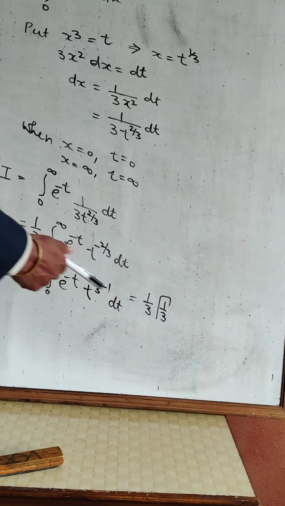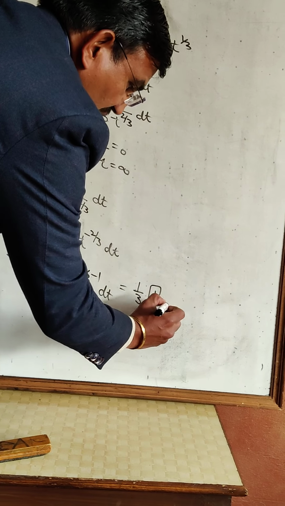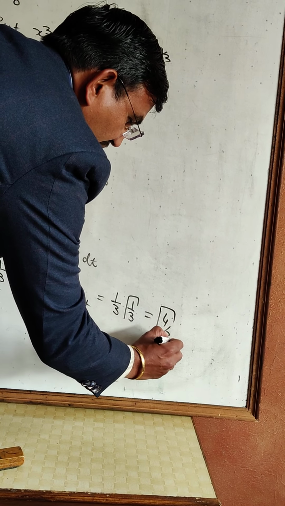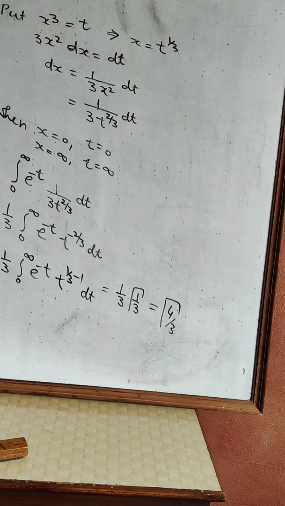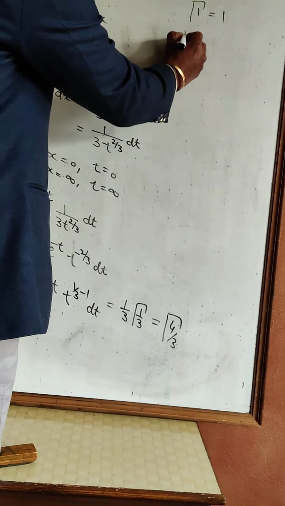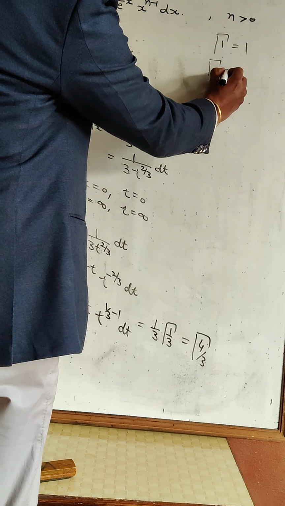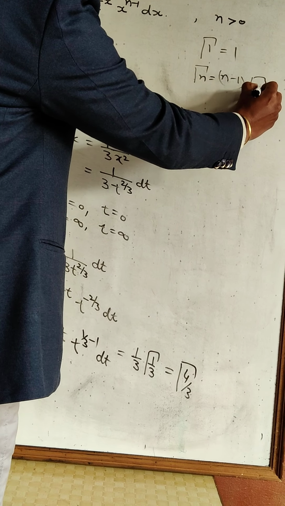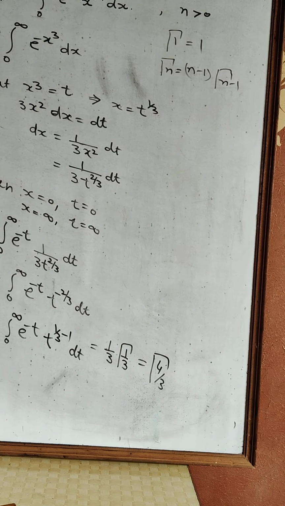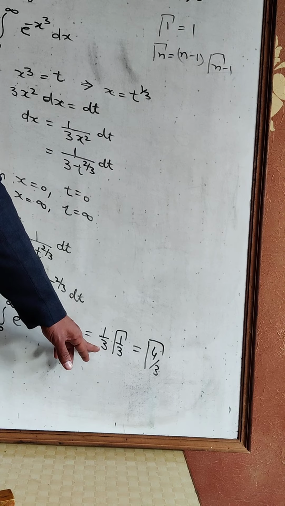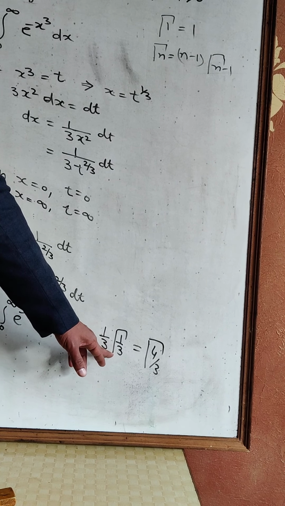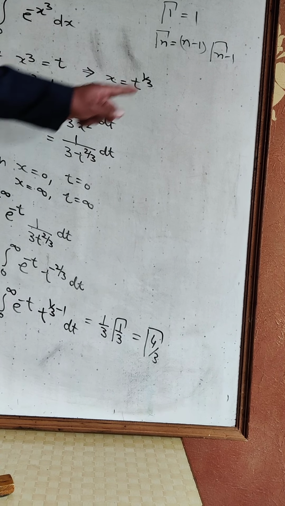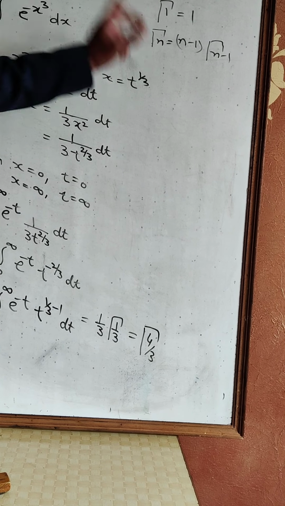And using the recurrence relation, we can also write it as gamma of 4 by 3. Why can we write it as gamma of 4 by 3? Because our recurrence relation was gamma n is equal to n minus 1 gamma of n minus 1. It means here we have 1 by 3 gamma of 1 by 3, so it can be written as gamma of 4 by 3, just increase it by 1.